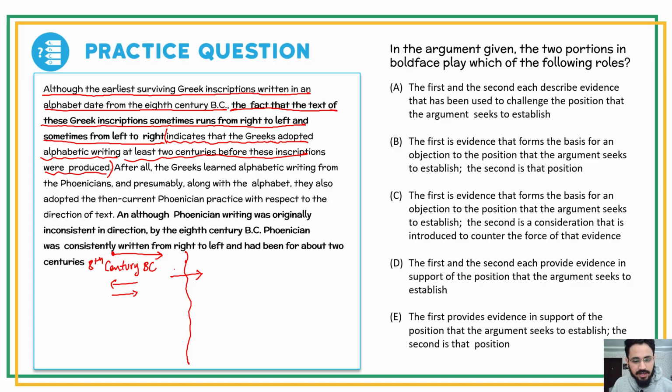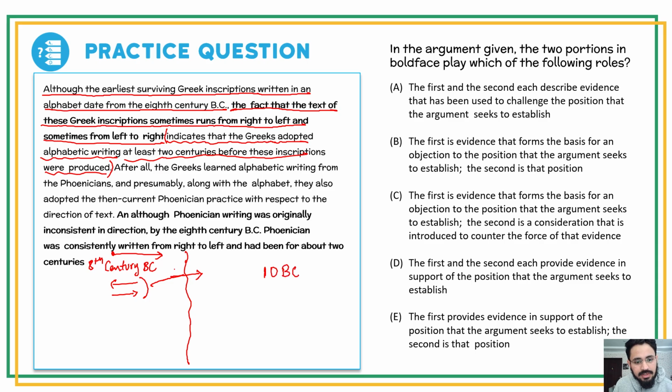That this fact somehow indicates that the Greeks adopted alphabetic writing at least 2 centuries before the 8th century BC. So it's before Christ, 9, 10. I mean, that doesn't matter, but I just want to be accurate there as well.